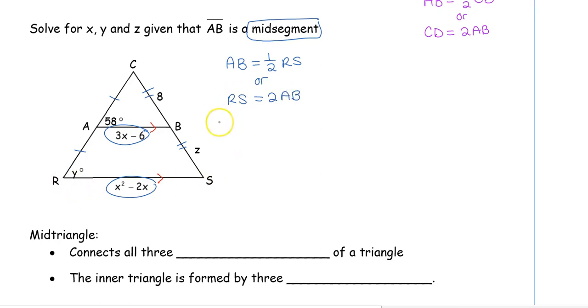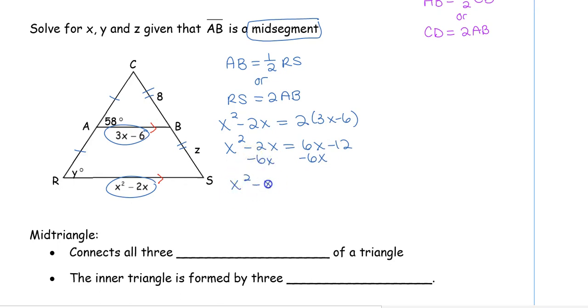So RS is x squared minus 2x, and then 2 of those AB segments of 3x minus 6, giving us x squared minus 2x is equal to 6x minus 12. And yes, we are going to have to factor, so I'm going to move that 6x over, giving us x squared minus 8x. Then we move the 12 over, plus 12 is equal to 0.